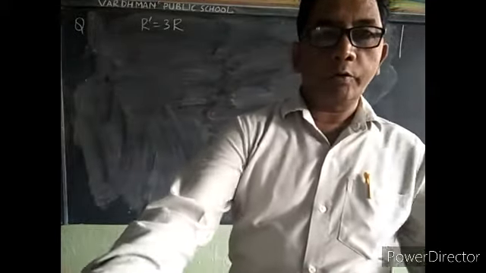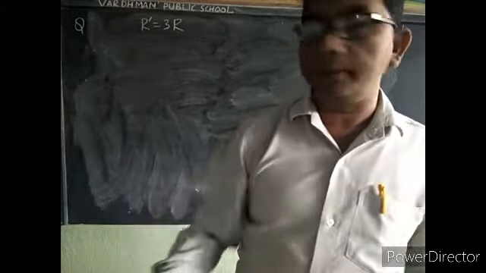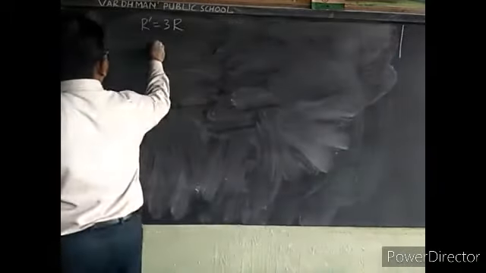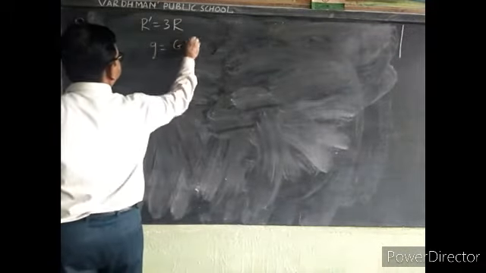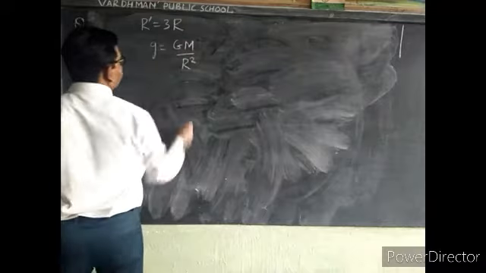Now we know the relation between small g and capital G: g is equal to GM upon r square.